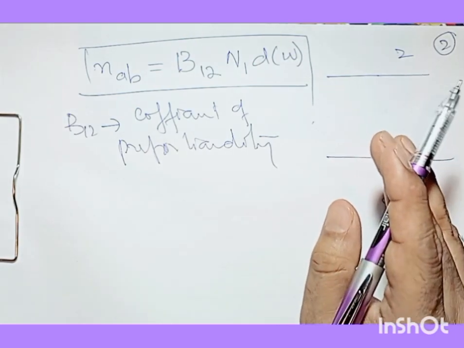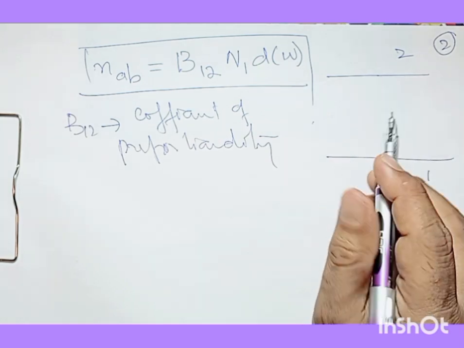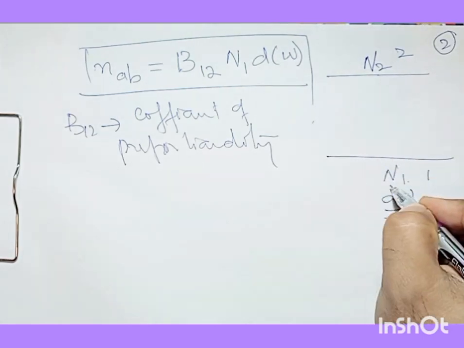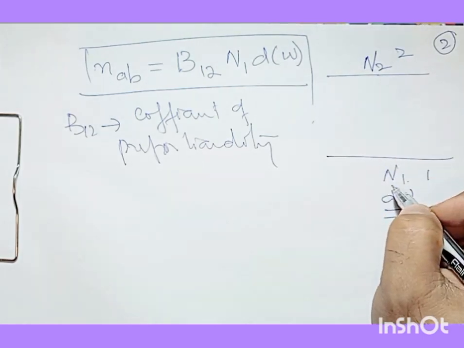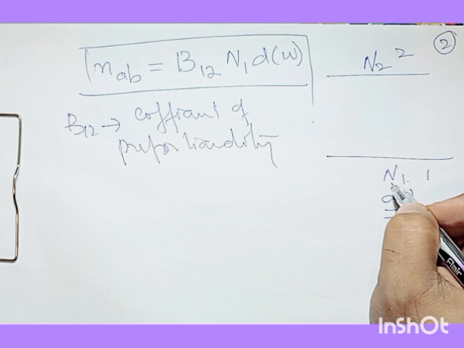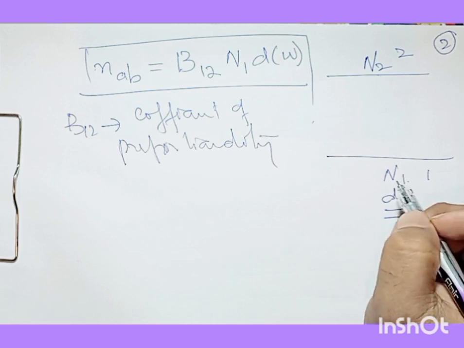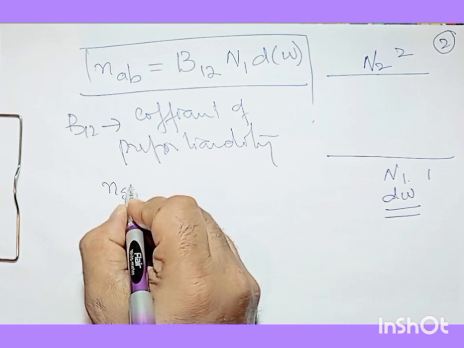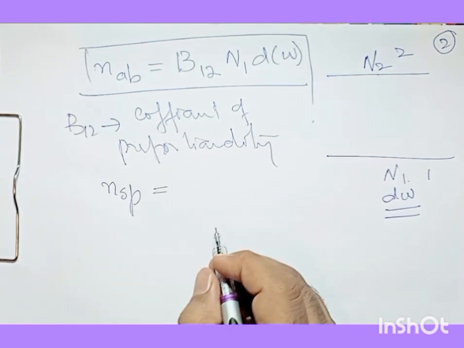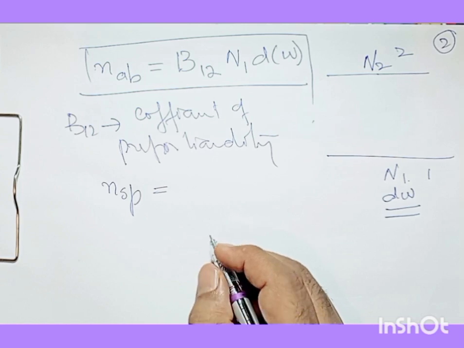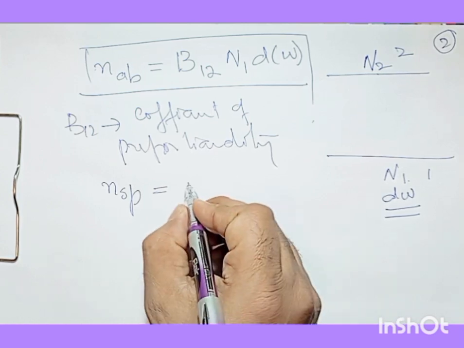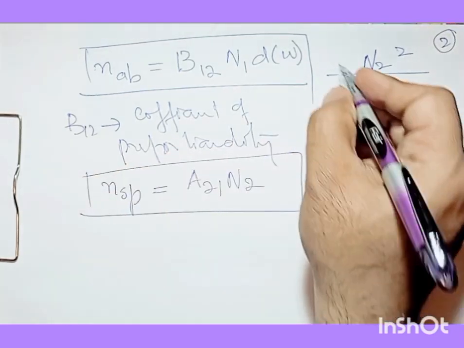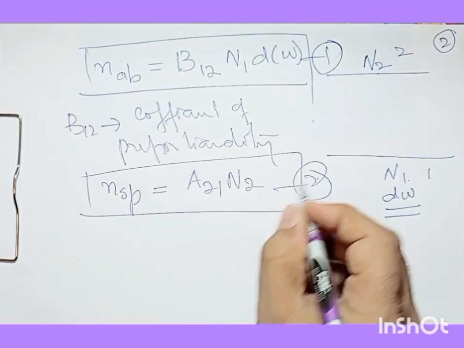The rate of this spontaneous emission is proportional to the number of atoms in the excited state. So we have n2 atoms in the excited state and n1 atoms in the ground state. The rate of spontaneous emission, which I'll represent as N_SP, per unit time per unit volume, is A21 N2.